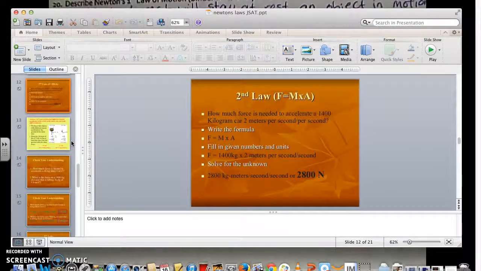Basically, you're given a mass, in this case 1,400 kilograms, and you're given an acceleration, in this case 2 meters per second, and you just multiply the two. In this case it's 1,400 times 2, which is 2,800.